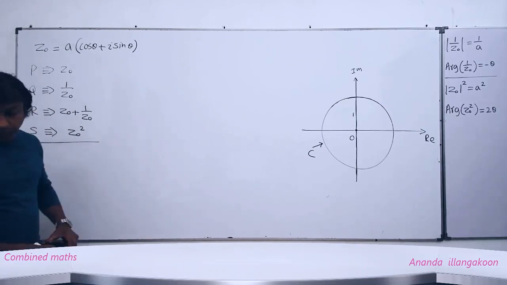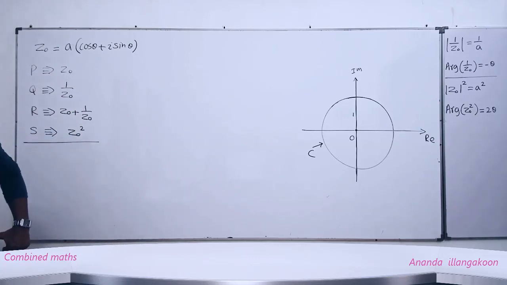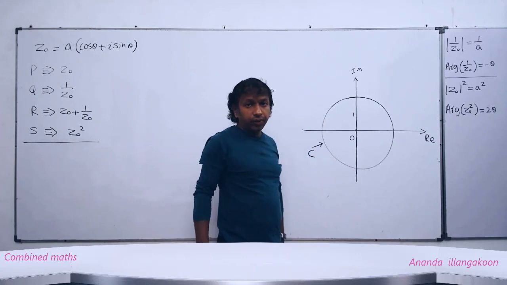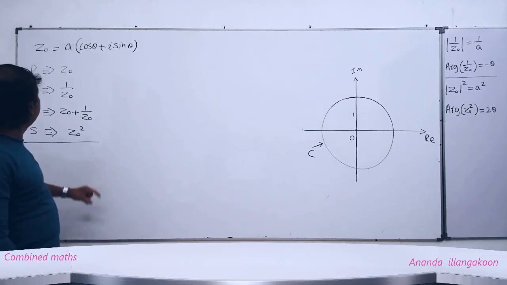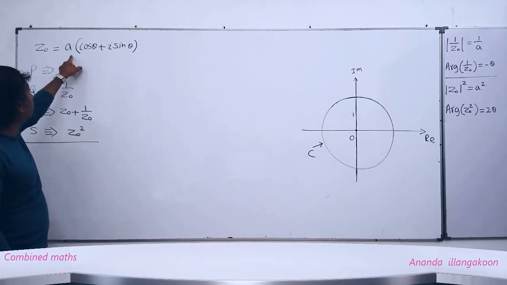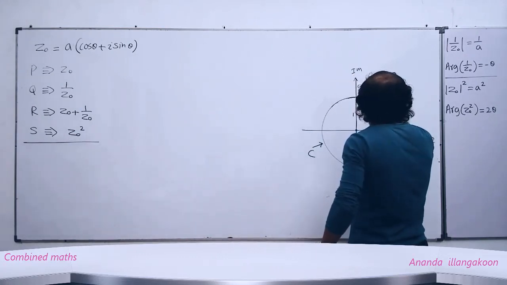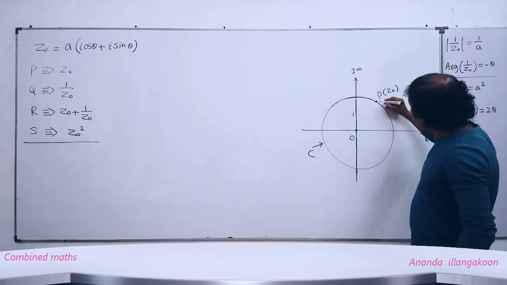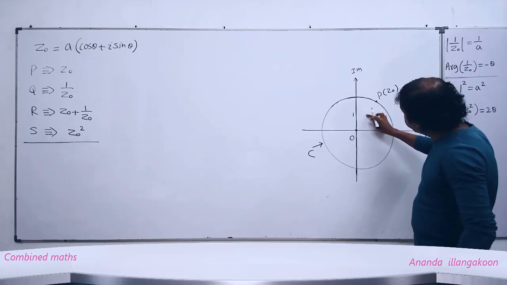Now, show that when the point P lies on the circle C, its center is the origin and radius is 1. When the point P gives a complex number Z0, if P lies on this C, the distance from origin to this Z0 is the radius.